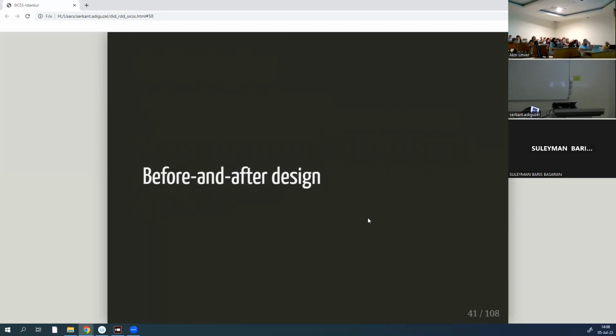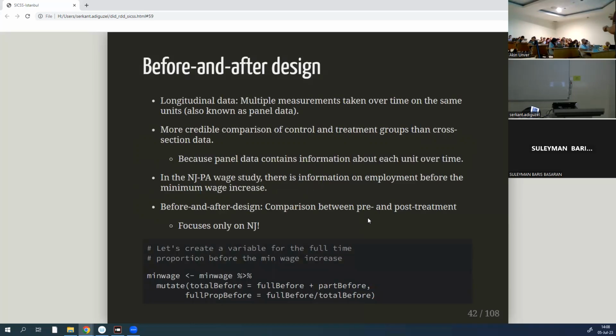Before, what we were doing was simply comparing New Jersey with Pennsylvania after, so that was cross-section. Now I'm just going to compare New Jersey after and New Jersey before. And you see where I'm going, right? I'm going to combine before and after. I'm focusing only on New Jersey, and this is nice in terms of the things that we control. Anything that is constant in New Jersey is taken into account here.